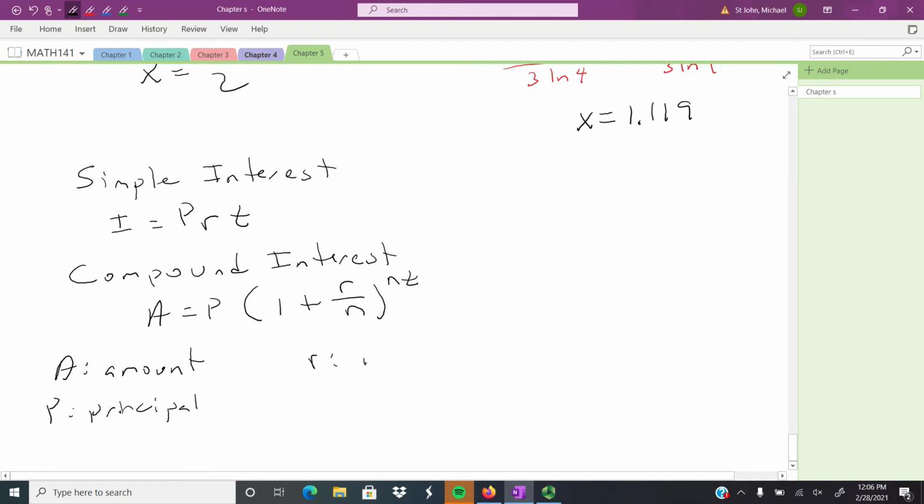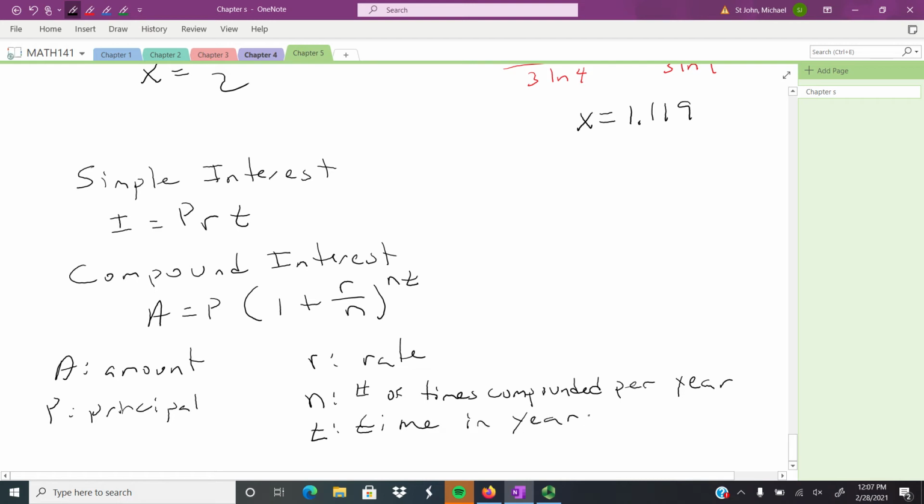R is the rate. N is the number of times compounded per year. And T is the time in years.